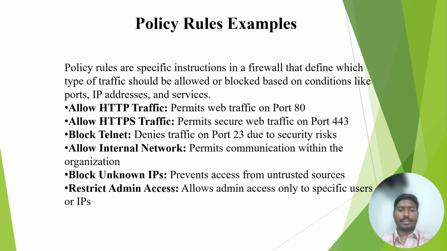Block Telnet: denies traffic on port 23 due to security risks. Allow internal networks: permit communication within the organization. Block unknown IPs: prevents access from untrusted sources. Restrict admin access: allow admin access only to specific users or IPs.